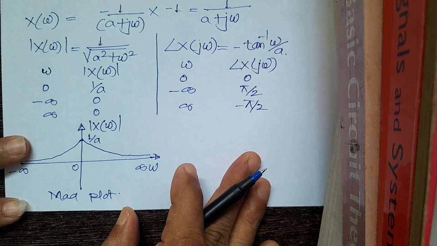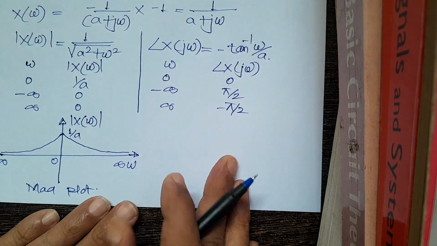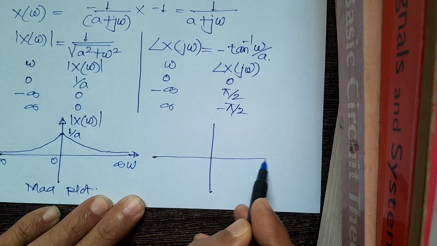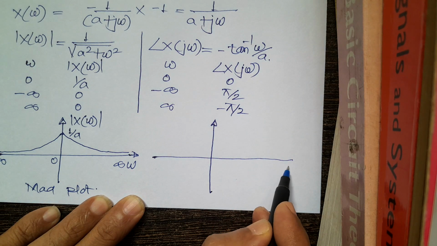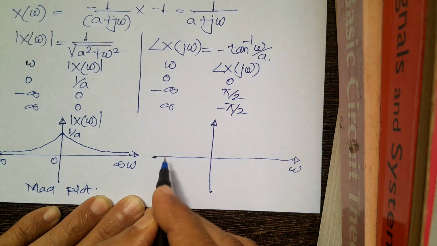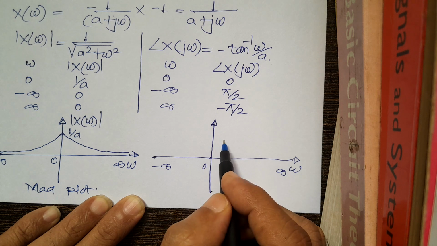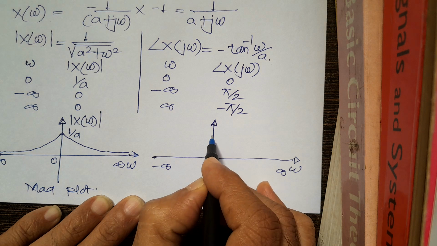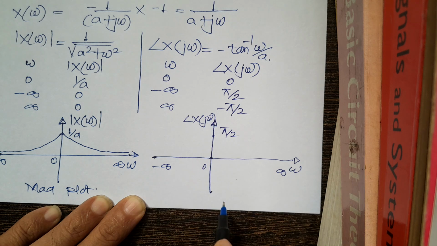Now the phase plot, that is frequency versus the angle. We have already calculated this. This is again the frequency. On this side it is minus infinity, on this side it is infinity. This is 0. So when your frequency is 0, angle is 0. We'll say this is pi by 2, because this is the angle of X(j omega), and this is minus pi by 2.